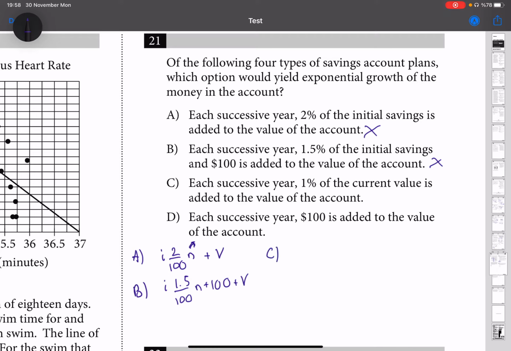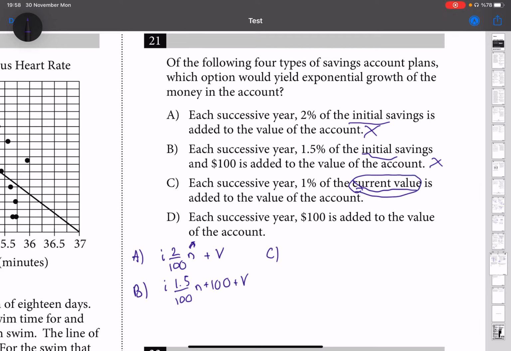Let's model C. Each successive year, 1% of the current value is added to the value of the account. So the value is updating, contrary to A and B because they were stating initial savings, but this is 1% of the current value.